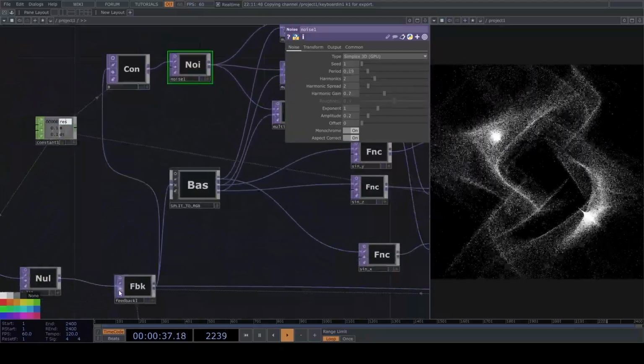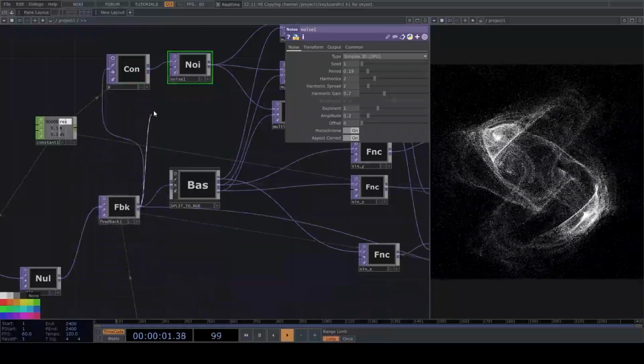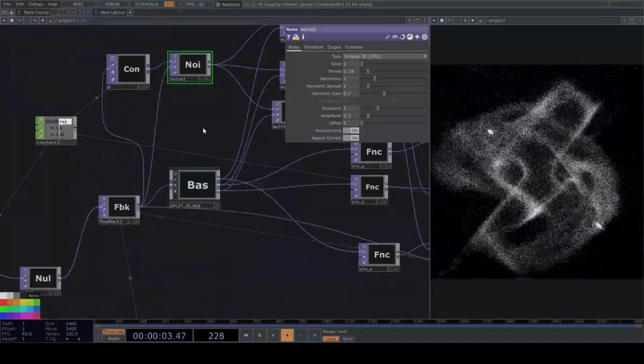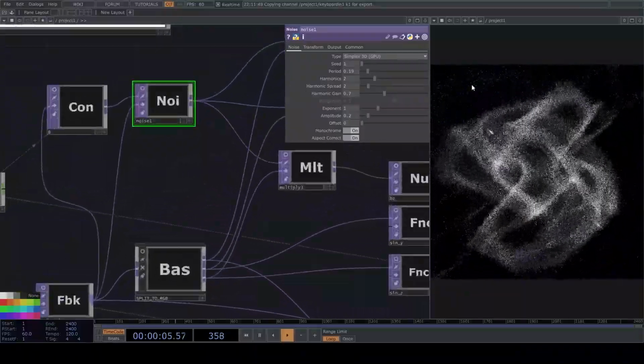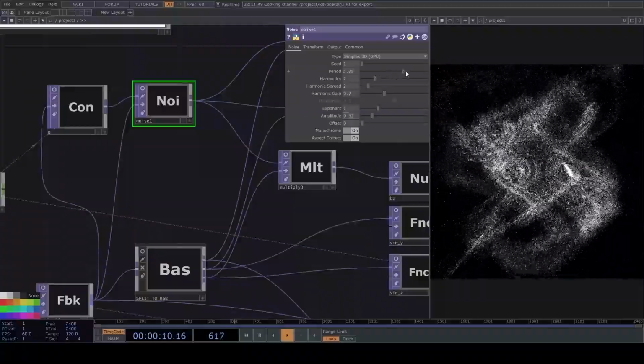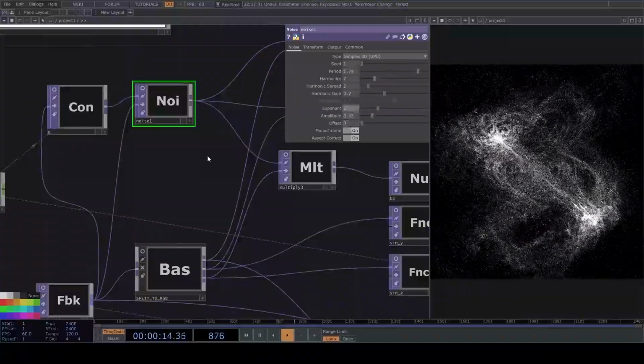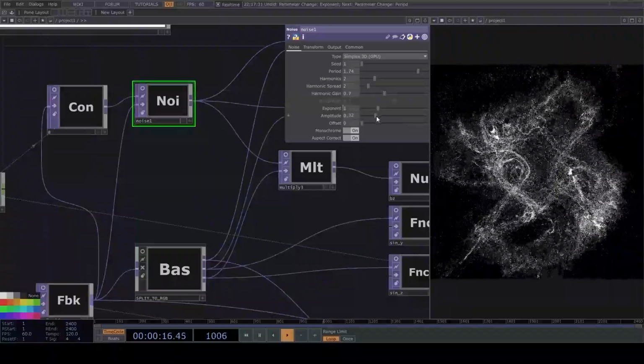And also we could base this noise not using this feedback system, and get some nice result from here. You could also animate this one.